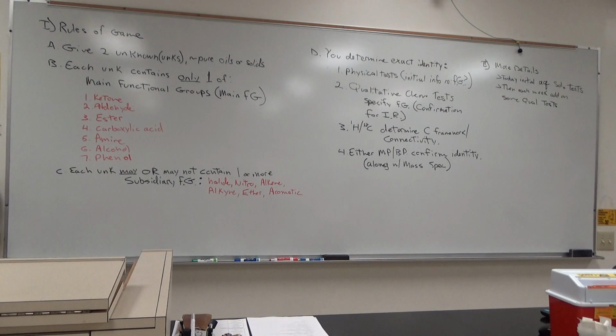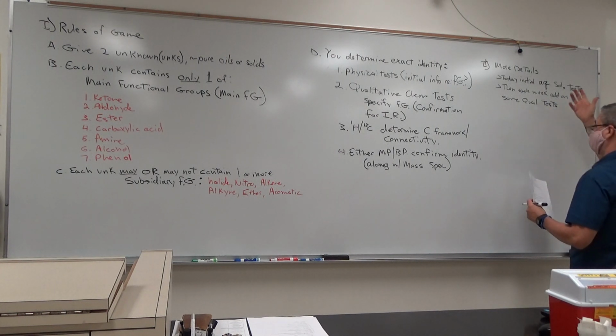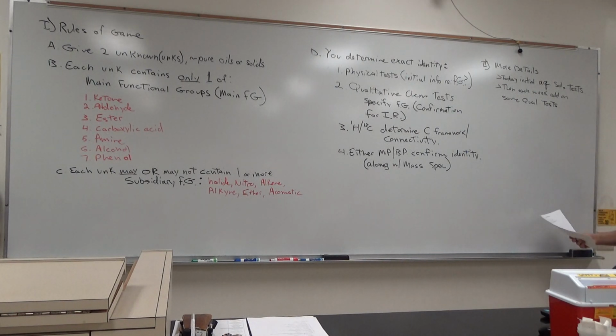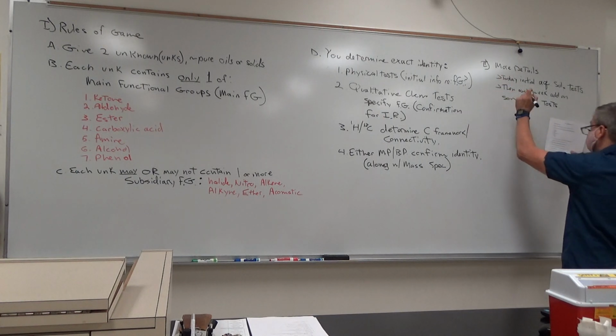Today we're just doing the aqueous solubility, melting point if you want to do one, the organic solubility, which is basically just whether it's soluble in chloroform, and you can do the Beilstein and the ignition test, which I'll talk about. Each week we'll add on more tests. Just because I add on a test, don't feel obligated to do it if there's no indication from the aqueous solubility part that says you should.